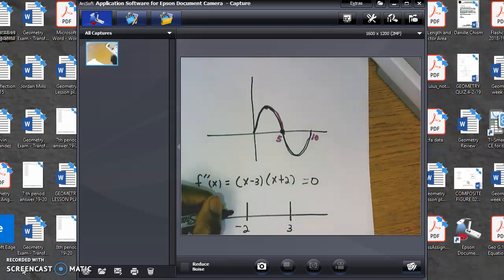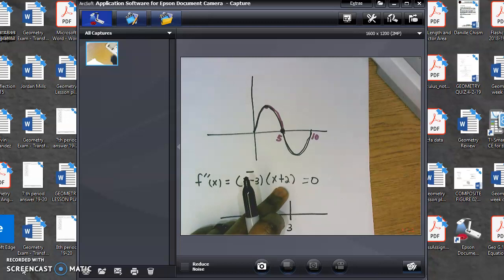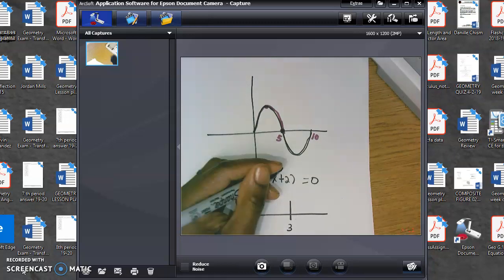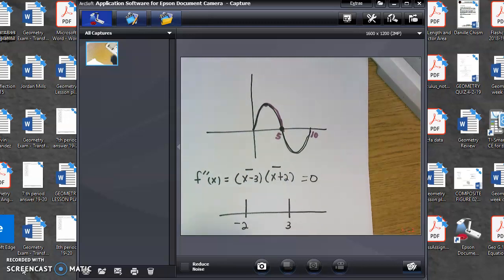To the left of -2, I'm going to use -3. If I plug -3 into here, I get a negative number, because that would be -6. And if I plug -3 into here, I get a negative number, because that is -1. A negative times a negative is a positive. So this is going to be a positive number.